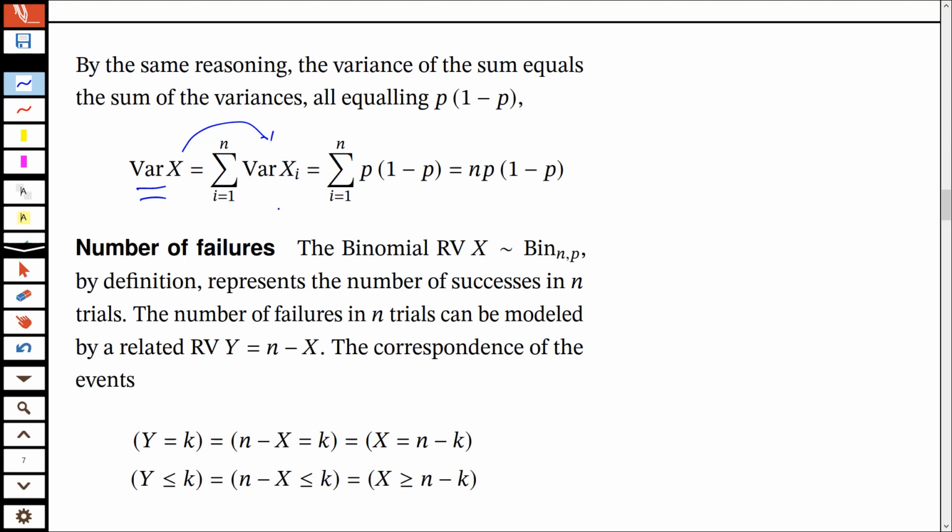Fortunately, they are, so we simply add up the variance of a Bernoulli distribution n times. So it will be n times p times 1 minus p. We know the variance of the binomial distribution. This is just a confirmation; you have already worked this out.